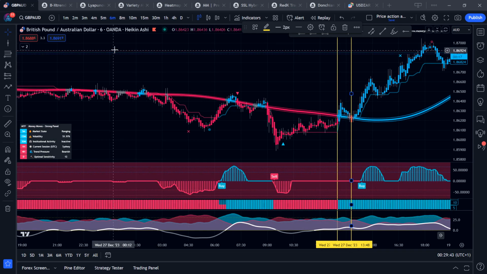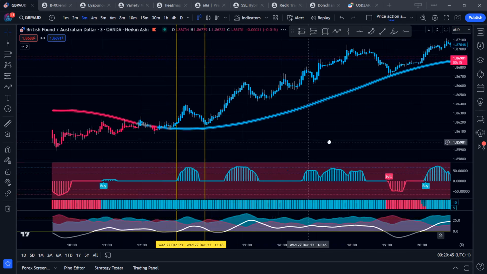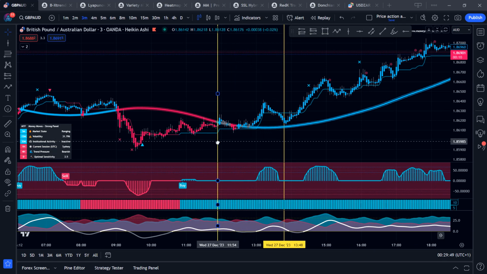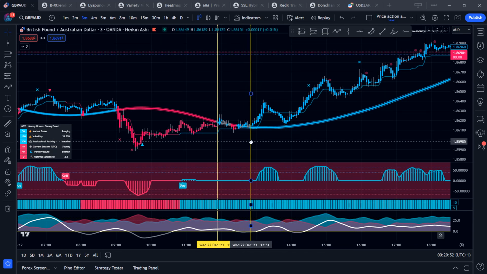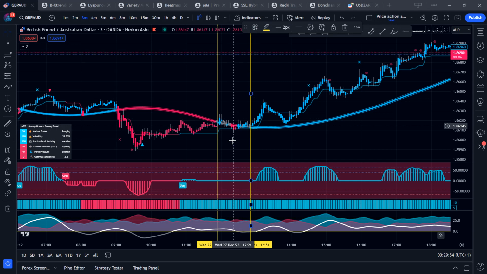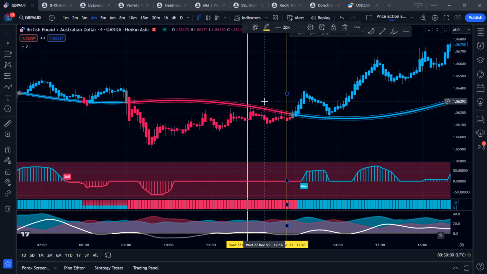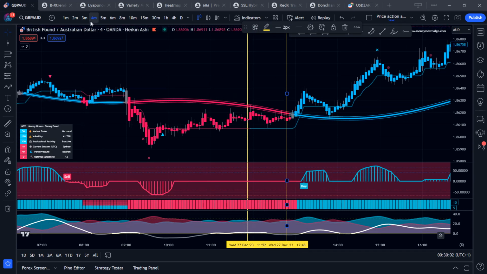For example, I'm on the 3 minute, so I will probably get my signal around this area, and so it's gonna look something like this for me. I get my buy signal, everything lines up. I just check with the higher time frames. This one is below, but you only do this if you're unsure. And so whenever it crosses over here and you get your buy signal, you can enter.